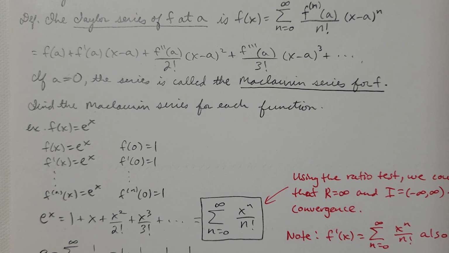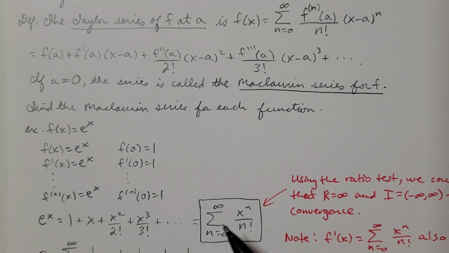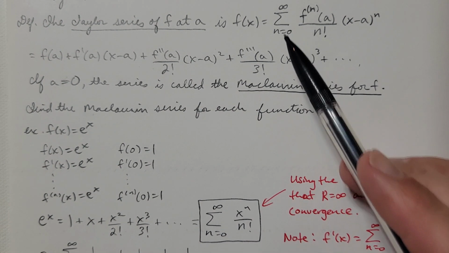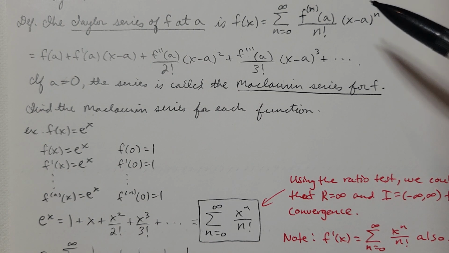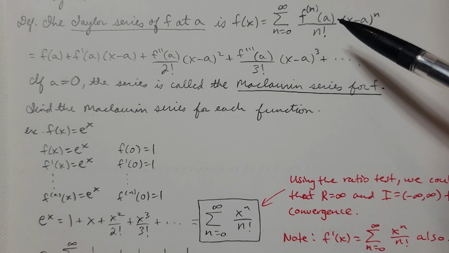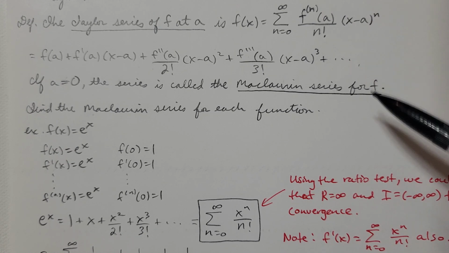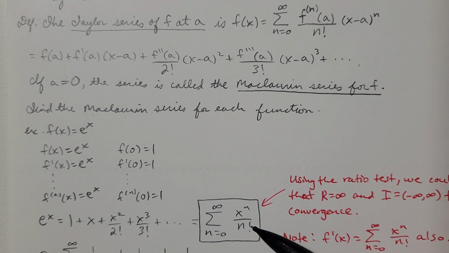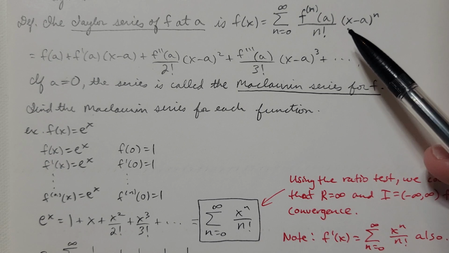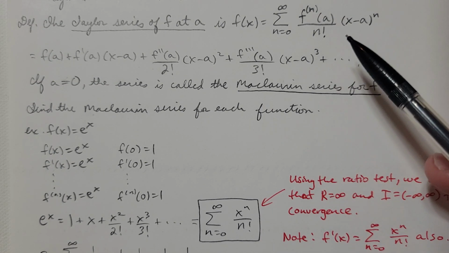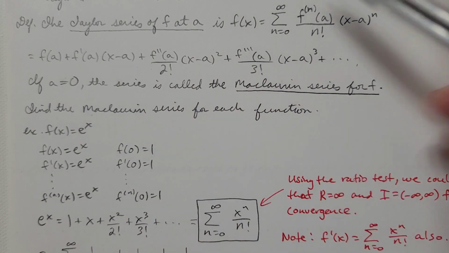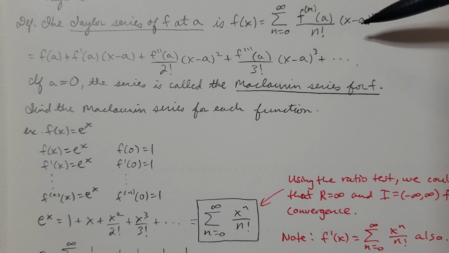If I were to write this using summation notation, I've got the sum as n equals 0 to infinity of the nth derivative of f at 0, which is always 1, divided by n factorial times x minus a, where the a value is 0 because this is a Maclaurin series, so times x to the n power.